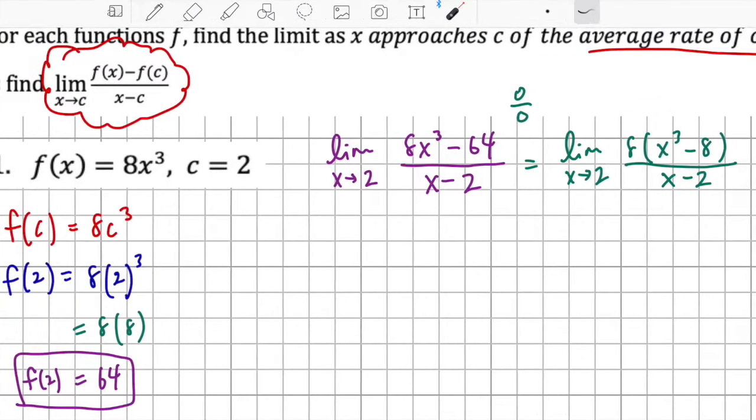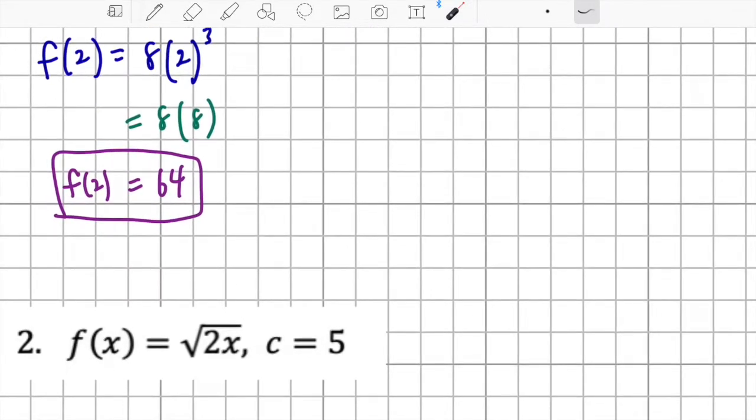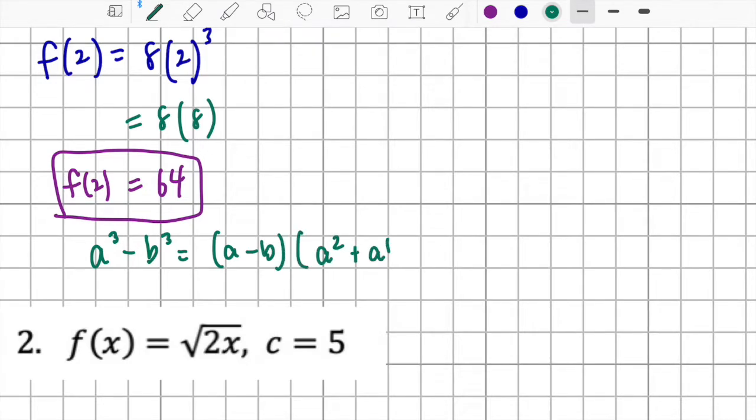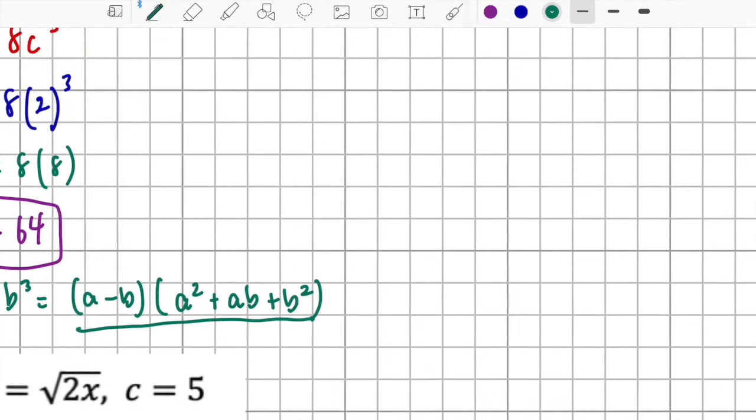Now from Algebra 2, or even last semester, you have to remember this, that if you have a cubed minus b cubed, and we need to factor the difference of cubes, that factors like this: a minus b times a squared plus ab plus b squared. So that's going to be the way we're going to factor it.